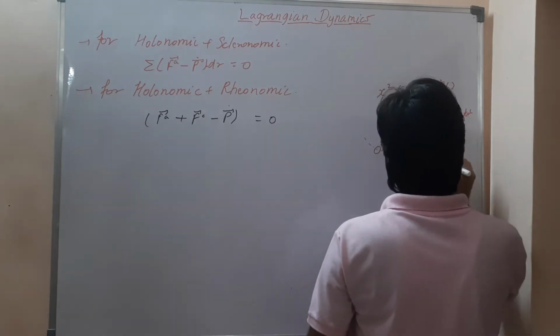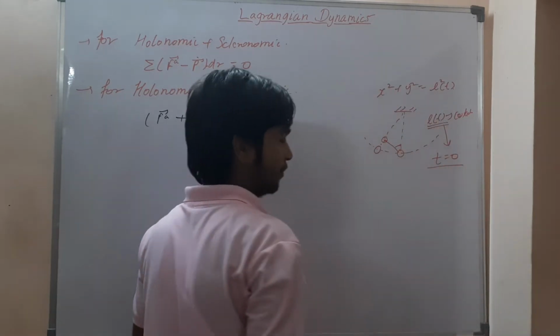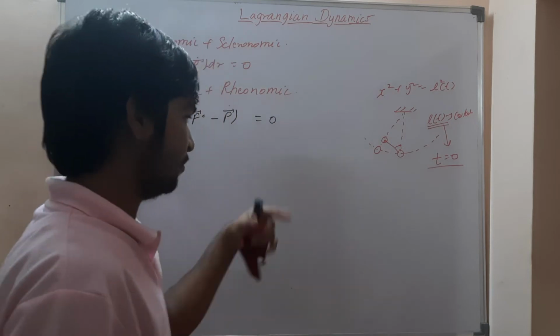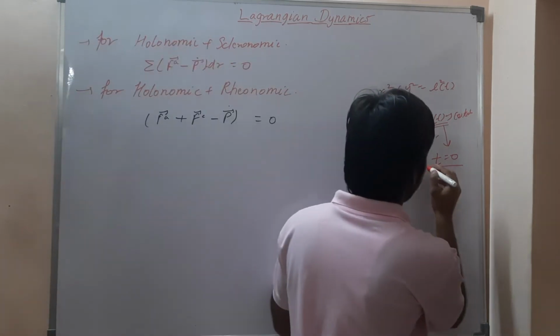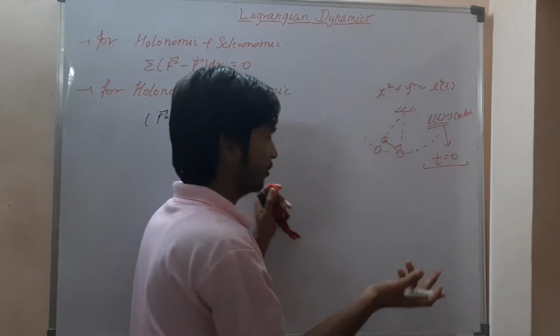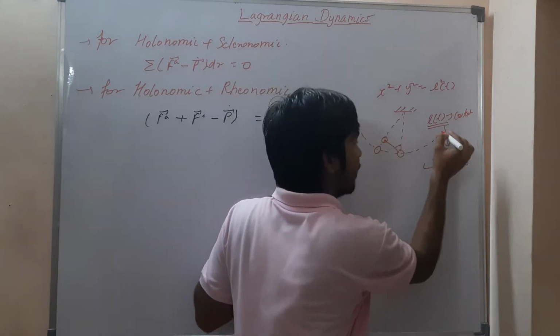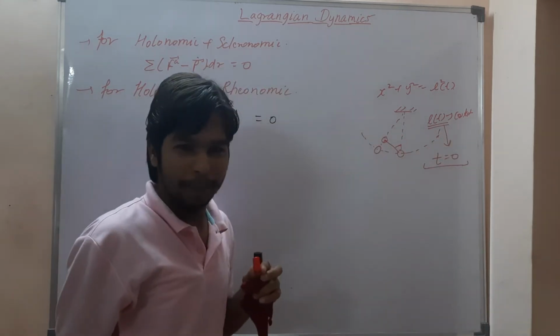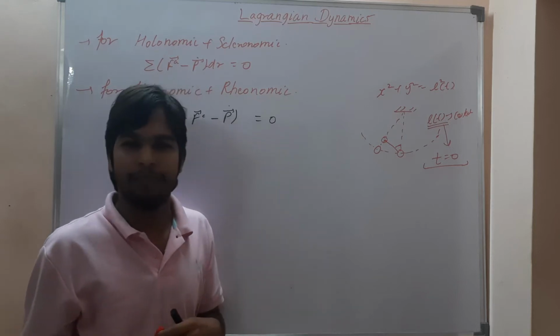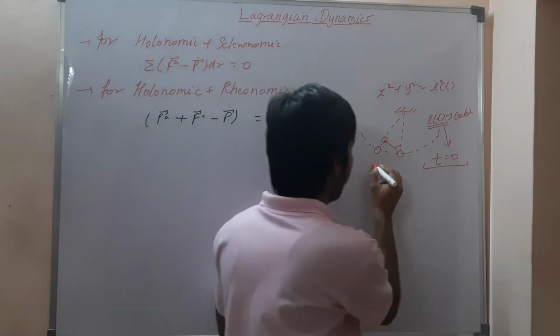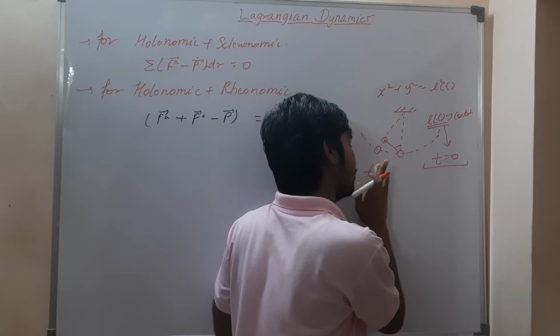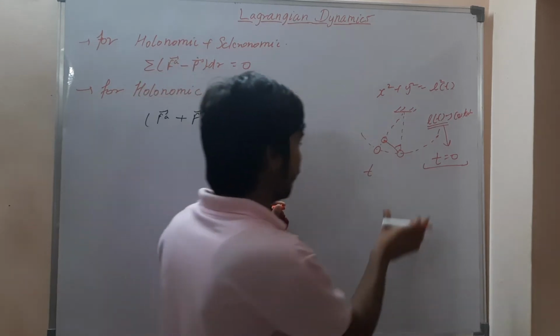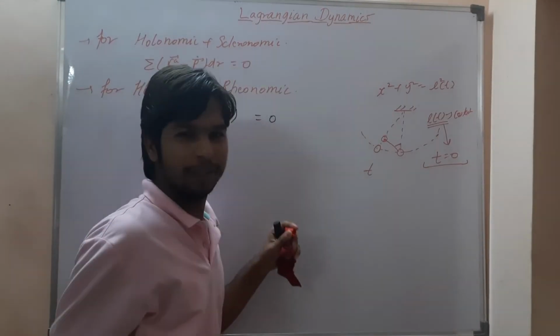What if I make t equal to 0 and make some displacement? This is not possible for a real system, but theoretically we can change it like this. In reality it is not possible, because for anything to happen we require some time. With constant time t, we cannot change the position of a particle, but virtually we can.